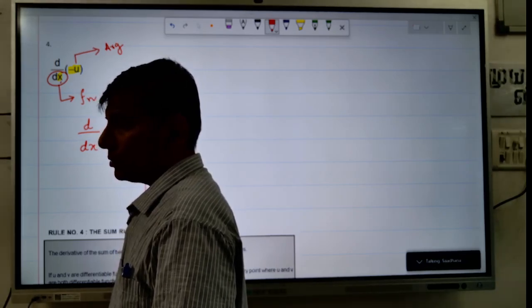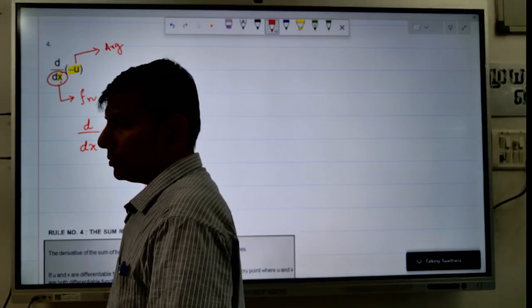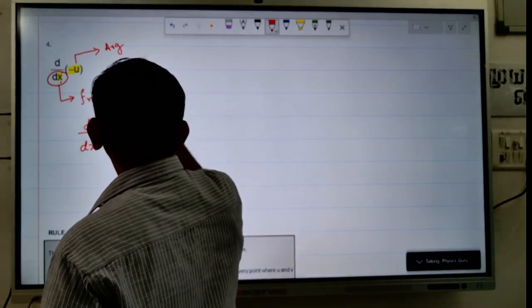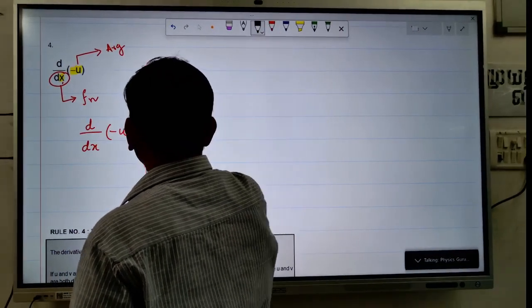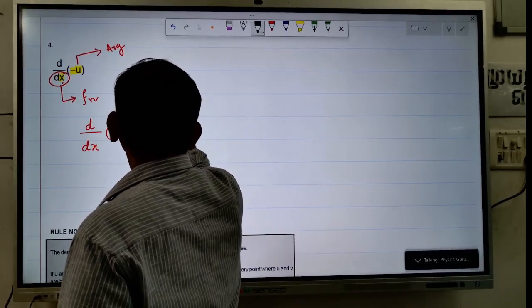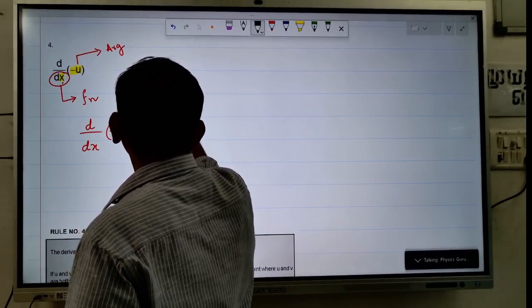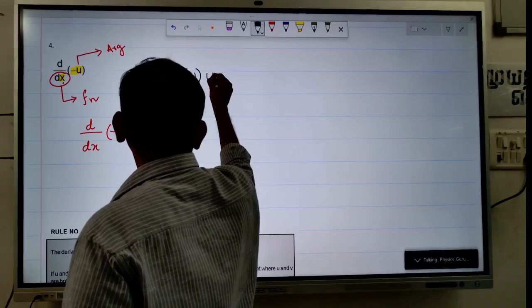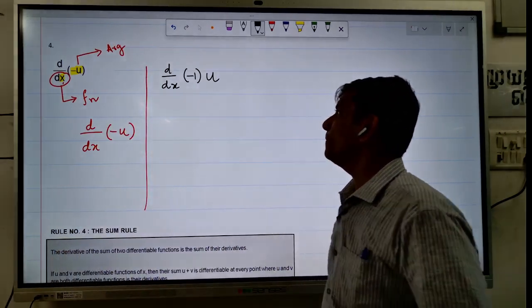You got? Very good. Now we have taken this as what? How can we write this? d by dx of minus 1 into u. Okay?